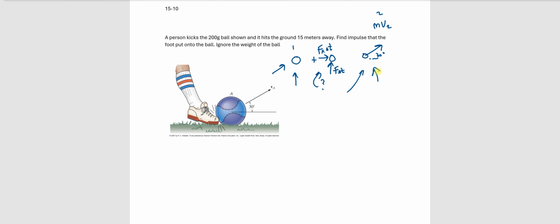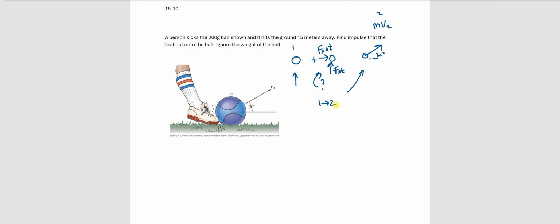So we'll call this one picture 1, this one picture 2, and the middle picture I usually label 1 to 2 because it's everything that happens between those two states.